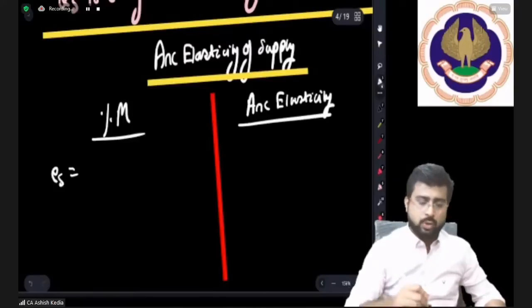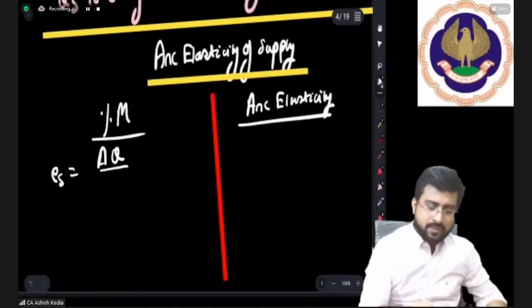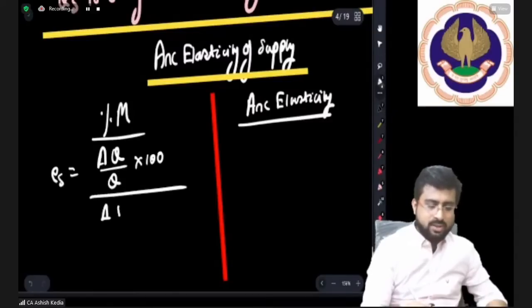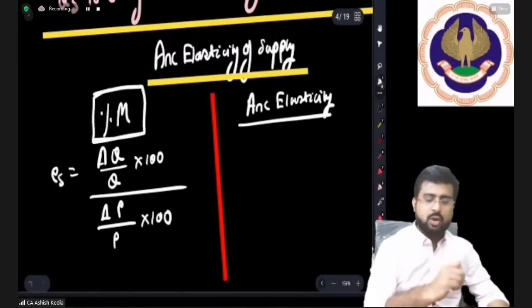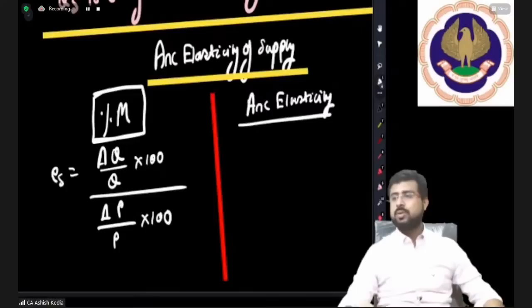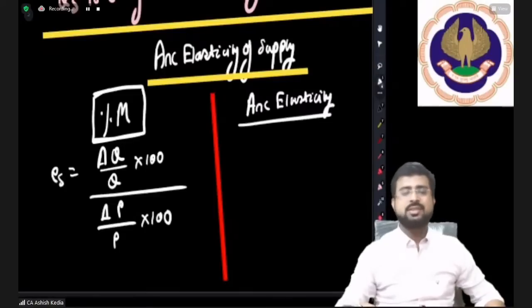Change in quantity by original quantity into 100, whole divided by change in price by original price into 100. Yes or no everybody? This was the percentage method.